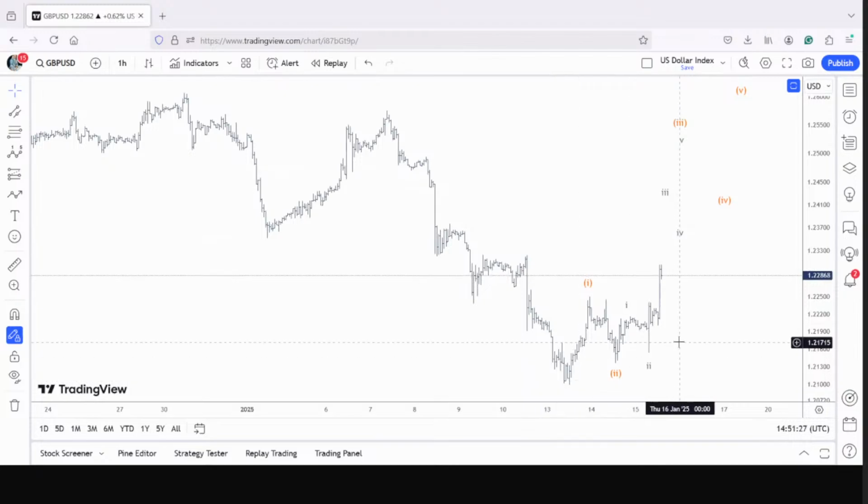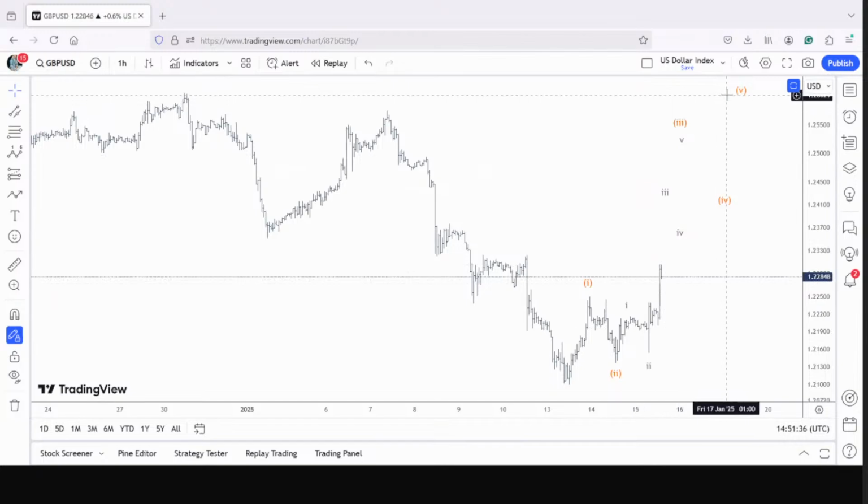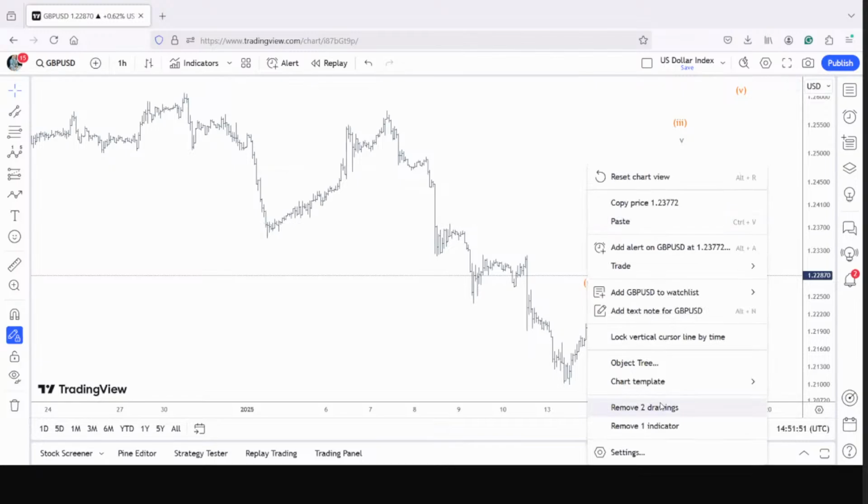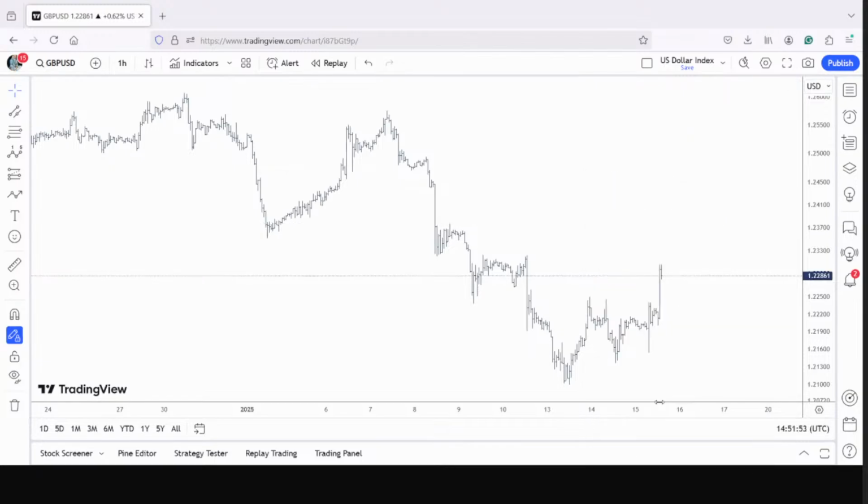So if you want to get on the long side, you've got to get either now or on a correction after the new high. All right, maybe if you're getting in right now, you can place a stop below that wave 2 low as well. That will reduce the stop. It's 2140, so maybe you can keep it at 2100.